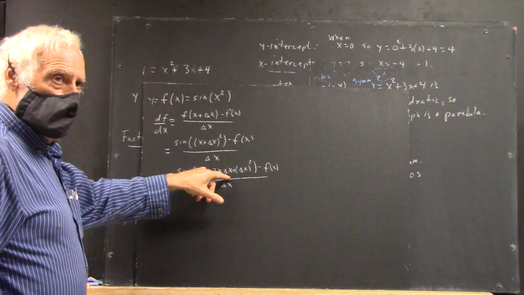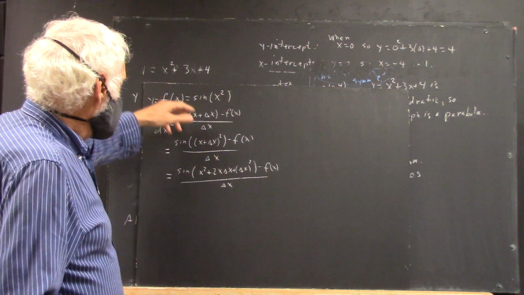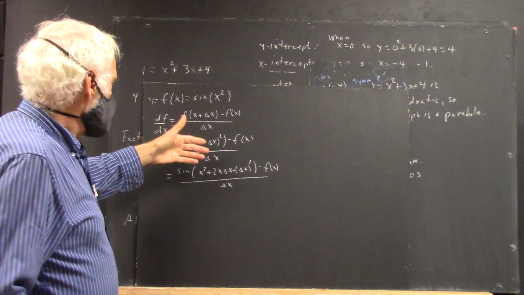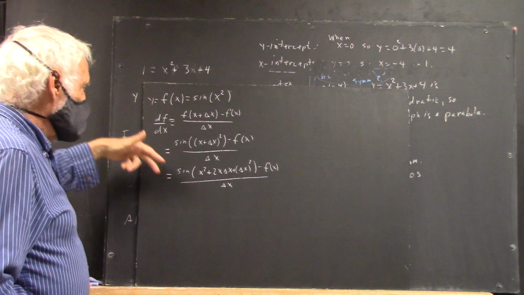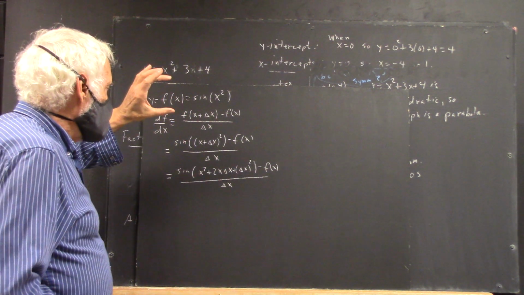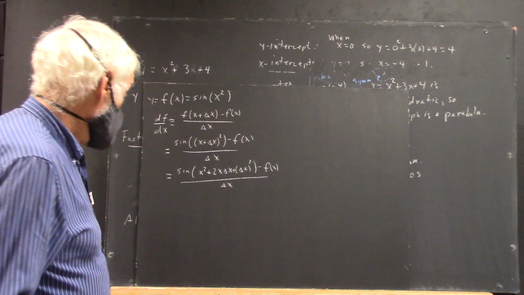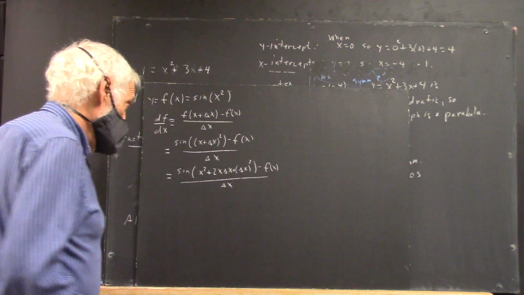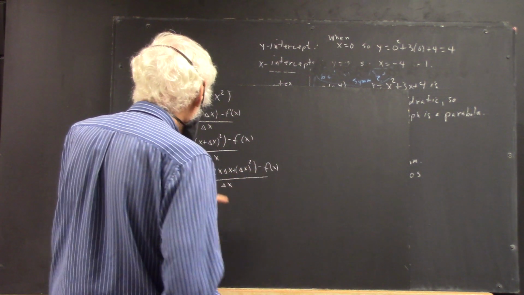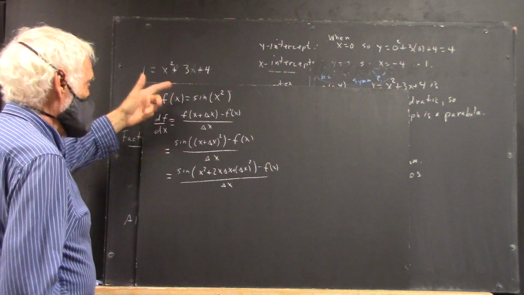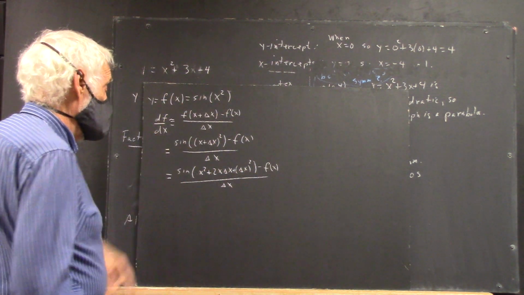Delta x we understand to be small because, to give you the actual derivative, we're going to take the limit of this expression as delta x approaches 0. So here we have the expression that just follows from this definition for this function.